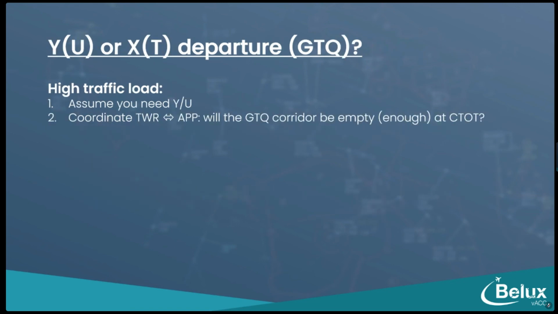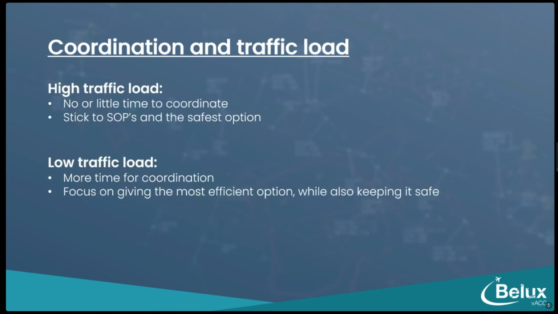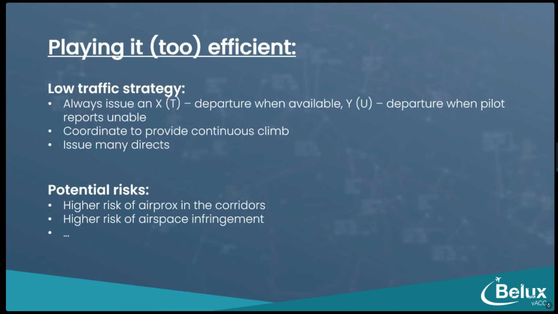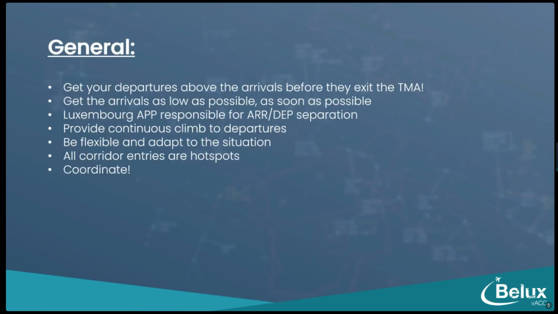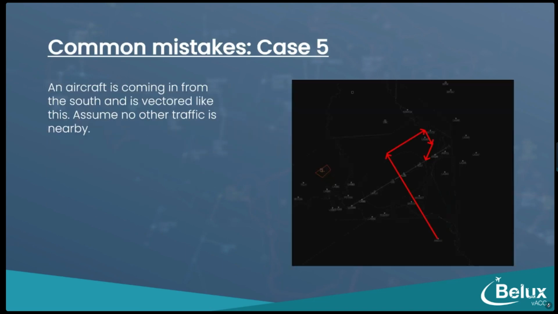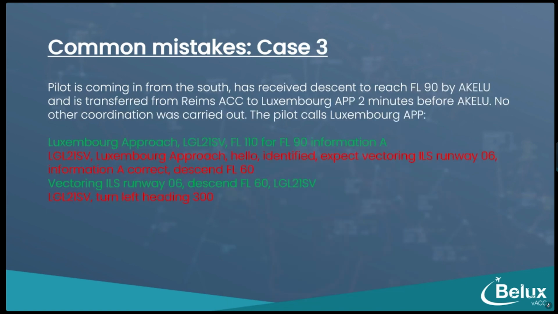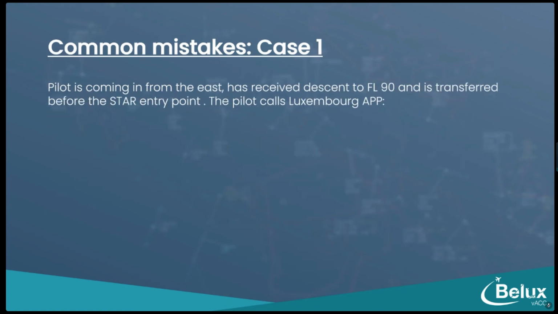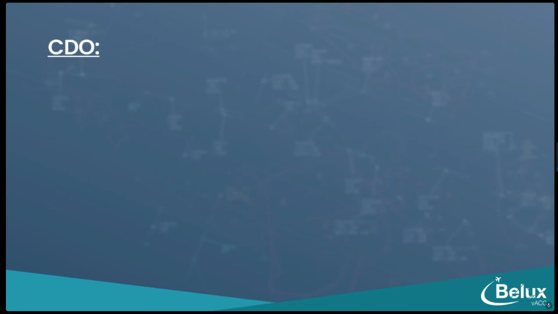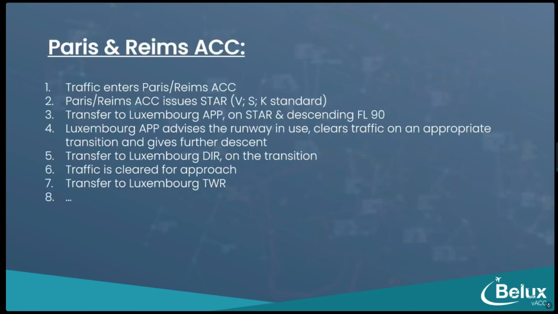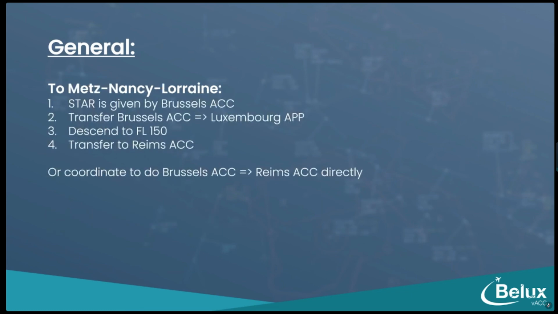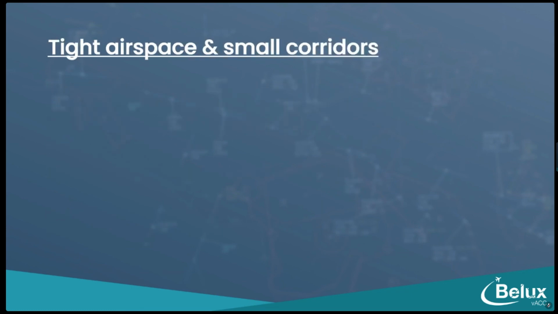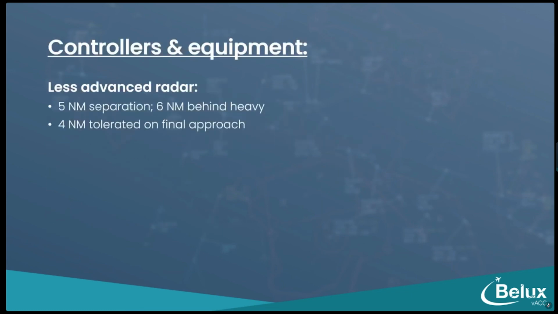The tracker has not enough input sensors to calculate a precise enough position for the 3 nautical mile separation. We have the same problem in Brussels and on the regional airports. If one of the radars is out of service, like the approach radar at Brussels, Brussels will go from 3 to 5 also.